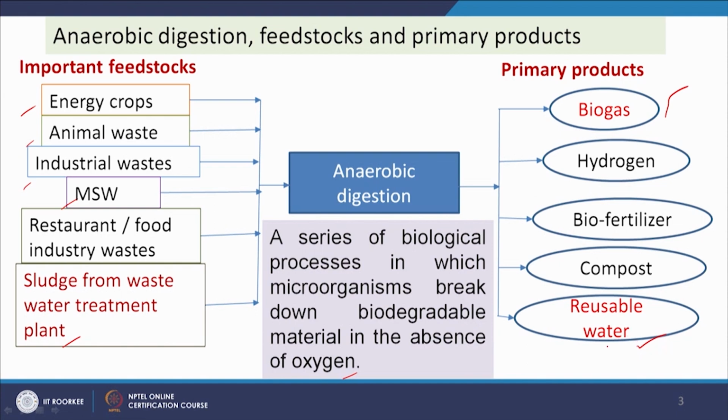At the same time, the sludge which will be generated here, the solid part, will be used as biofertilizer, that can be further used for composting, and along with the biogas, hydrogen can also be produced. So, this is the advantage of this anaerobic digestion process.